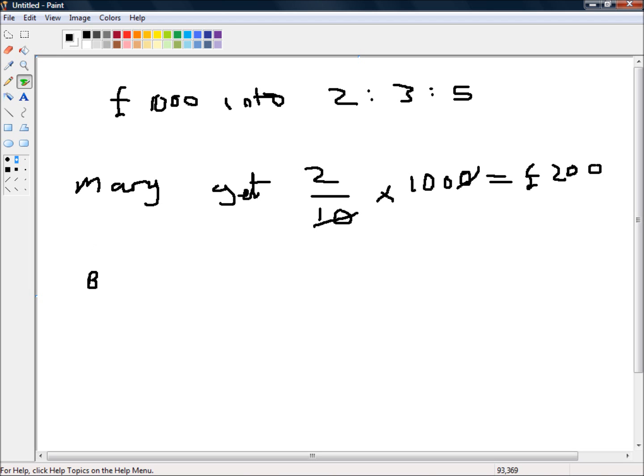So Bill, he paid in £3, so he gets 3/10 of £1,000. And again we can divide. So that's just 3 times 100, which is £300.